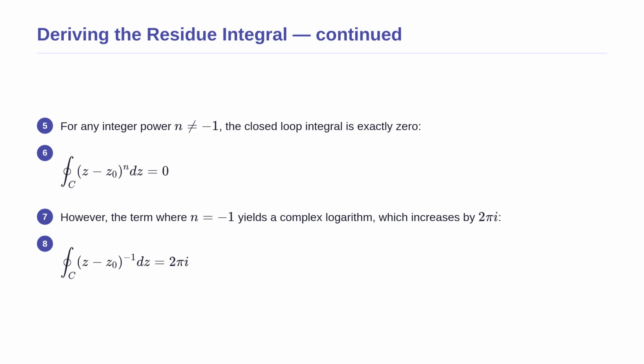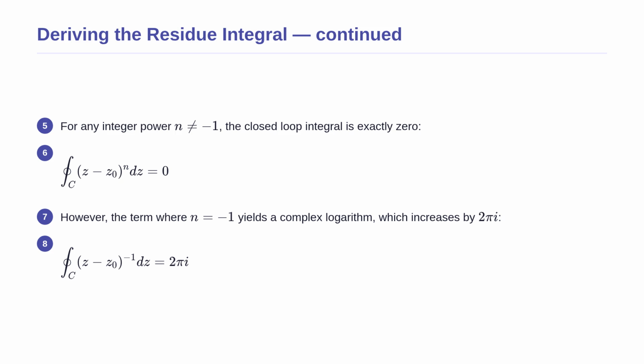Here is where a beautiful result in complex calculus appears. For any integer power n that is not equal to -1, the integral around a closed loop is exactly 0. This happens because those specific terms have standard, well-behaved antiderivatives. The starting and ending values of their antiderivatives cancel out perfectly.